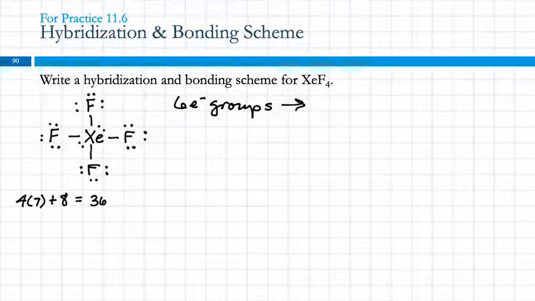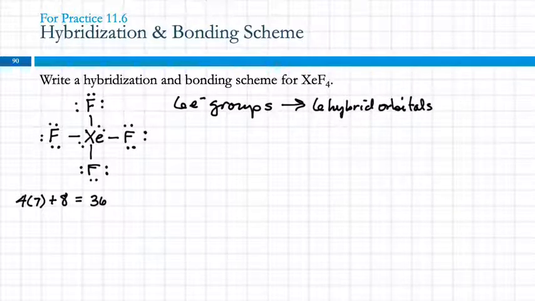I need 6 hybrid orbitals, because we've got 12 electrons to hybridize, essentially. So sp3d2. And you can't skip a p and leave it behind, right?